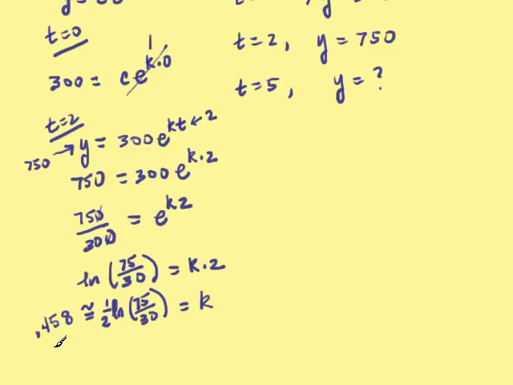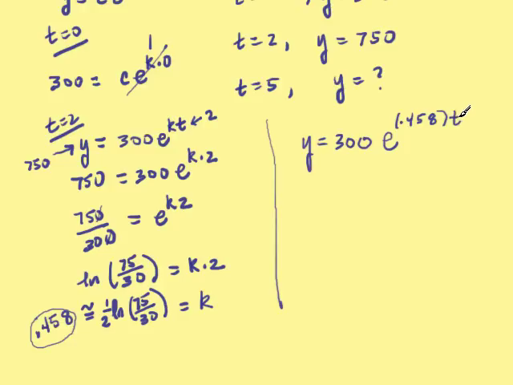And we have that k is approximately 0.458. And we'll use this to answer the question when t equals 5, what is y? So now we have the function y is equal to 300 e to the 0.458 t, and we're just going to substitute in a 5 here and see what we get for y.